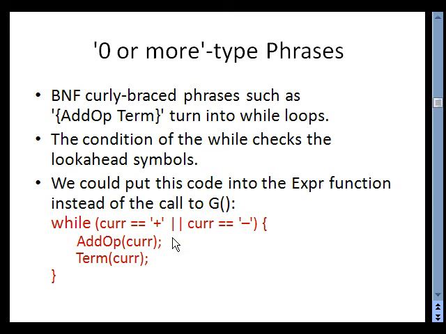G, remember, accomplished this loop with the addition of a G onto the end of the rule. So it was just a recursive way of doing this that we're now going to be doing iteratively with a loop. And that will actually be more efficient too, because we will avoid the recursive function calls which stack things up on the runtime stack. Now it's all going to be done inside expression. And we're going to do away with G.